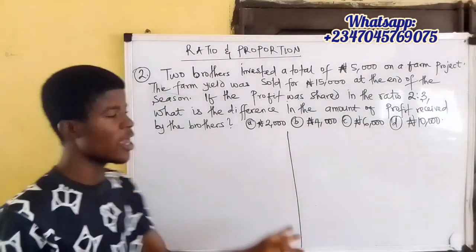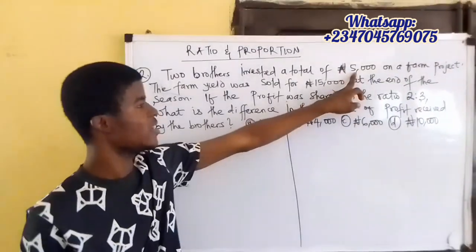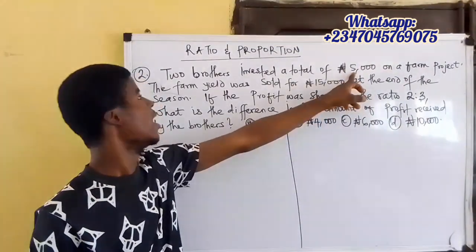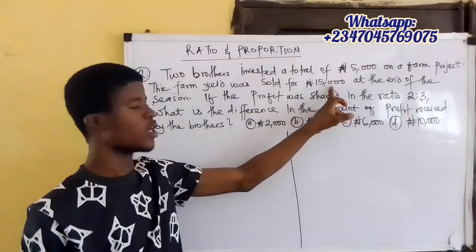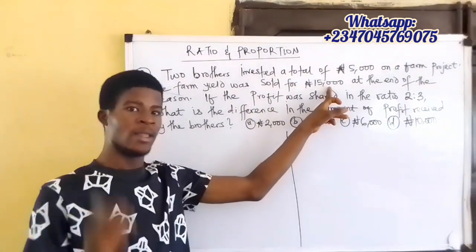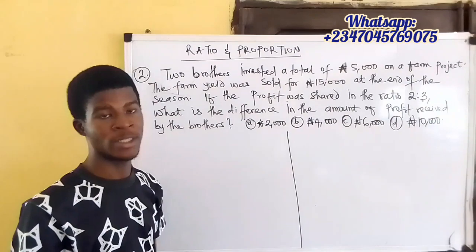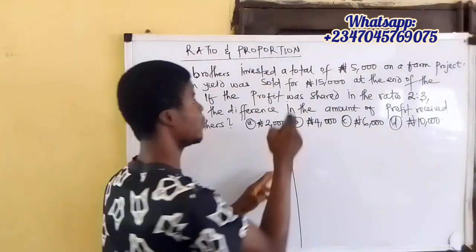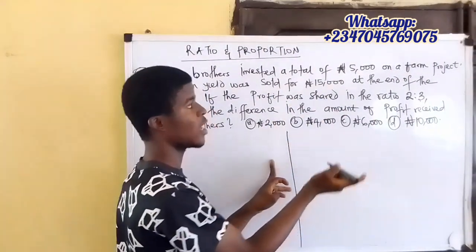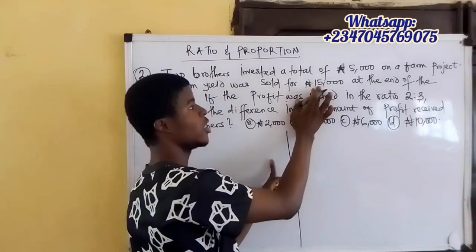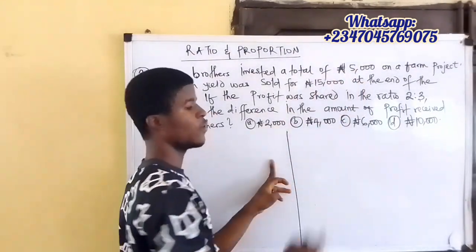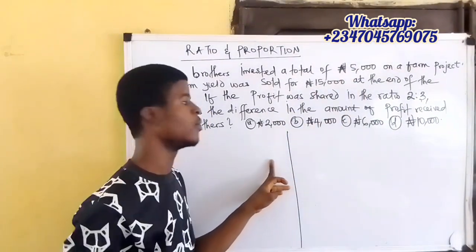Now, in this case, they invested 5,000 naira, and the yield was sold for 15,000 naira. That is to say, they made a profit. And the profit is how much? 15,000 naira minus 5,000 naira will give us 10,000 naira.